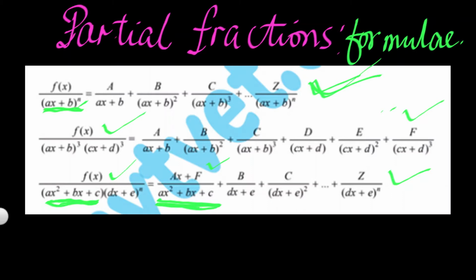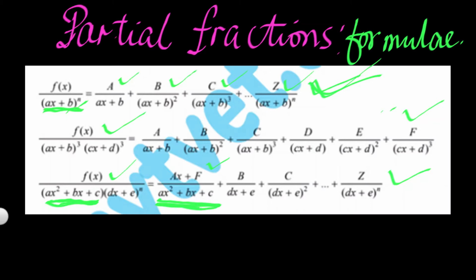So when you are doing partial fractions, what you're essentially doing is finding these constants, the a, the b, the c, the z, etc. All these, you have them. Obviously, you'll be given the ax plus b. It will be a linear function like 2x plus 3 or whatever you have there.